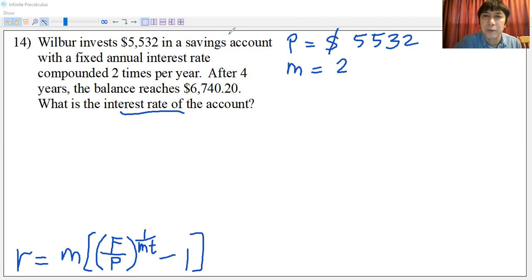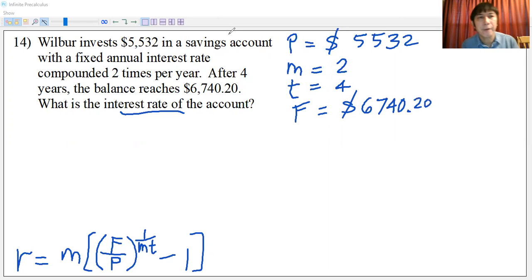After 4 years, that's T, the balance reaches $6,740.20. That should be your F. We're looking for the interest rate. What is the interest rate of the account?